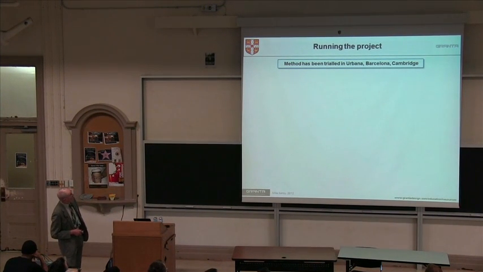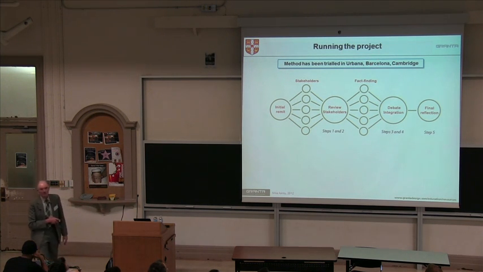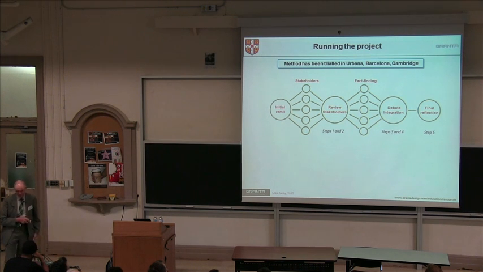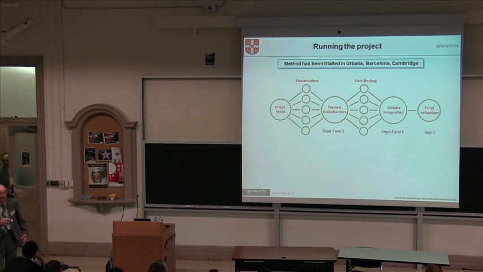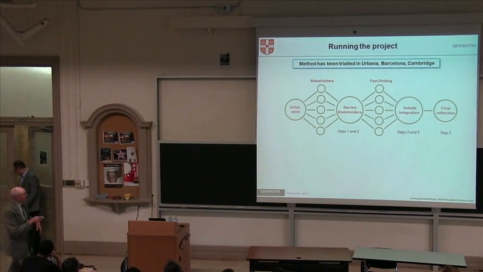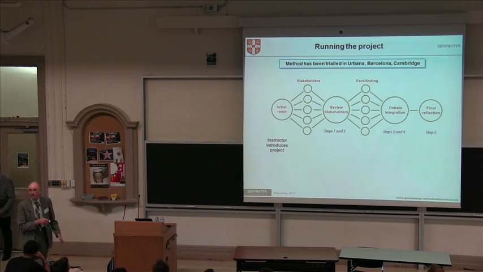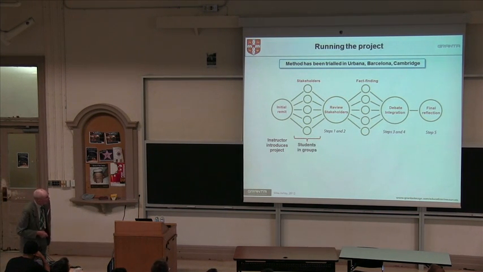Right, the way that that has been used, we've trialled it at Urbana in the US, Barcelona in Spain, and in Cambridge. And we've done so by having groups of students at the master's level who were then divided up into groups of 5. And the idea was to introduce a project. We've got quite a number of them. The students in groups then investigate the stakeholders and discuss them, and then they come together and discuss the stakeholders as a class.